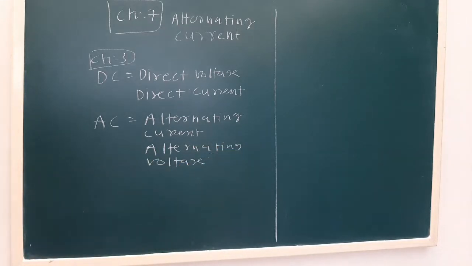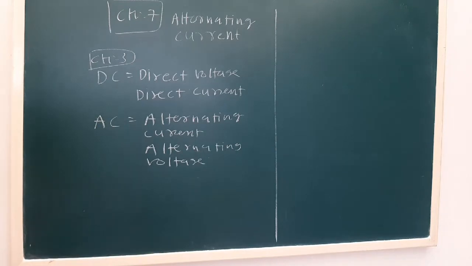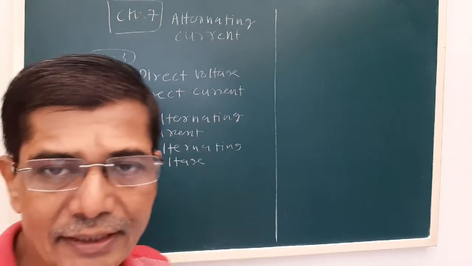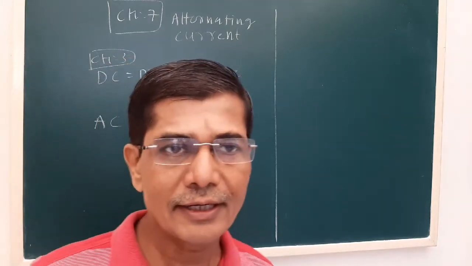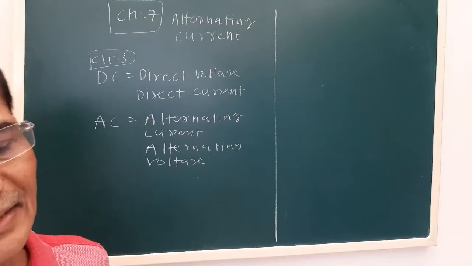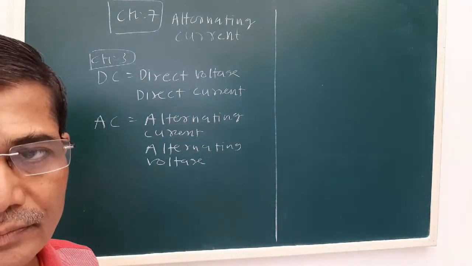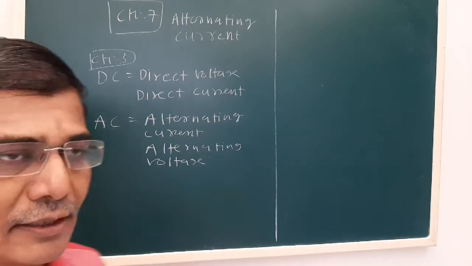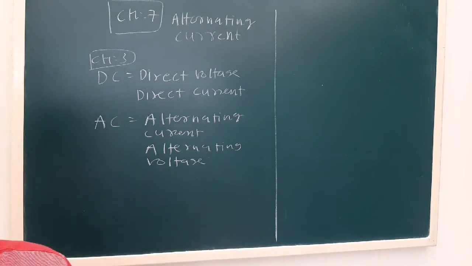Now our dry cell or a car battery produces DC voltage. Whereas the electrical energy supplied to us, the electricity reaching our home or office or school, is alternating current. Why? Because it is easy to transmit AC, and it can be easily increased or decreased.